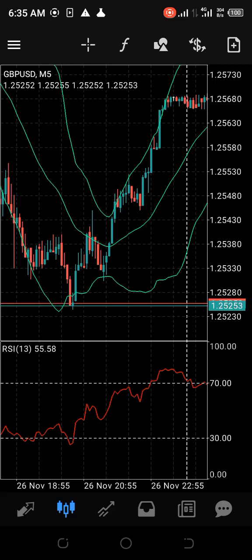Once the market closes below the lower band and the relative strength index shows us that the market is oversold and the chart gives us a green candle, we are going to enter a buy trade.